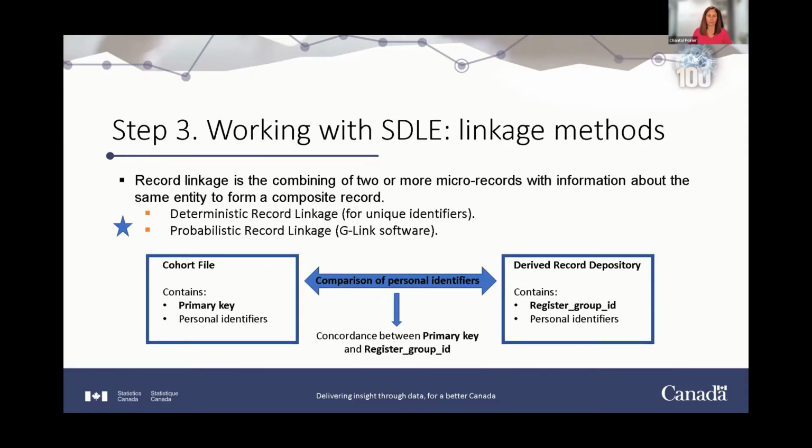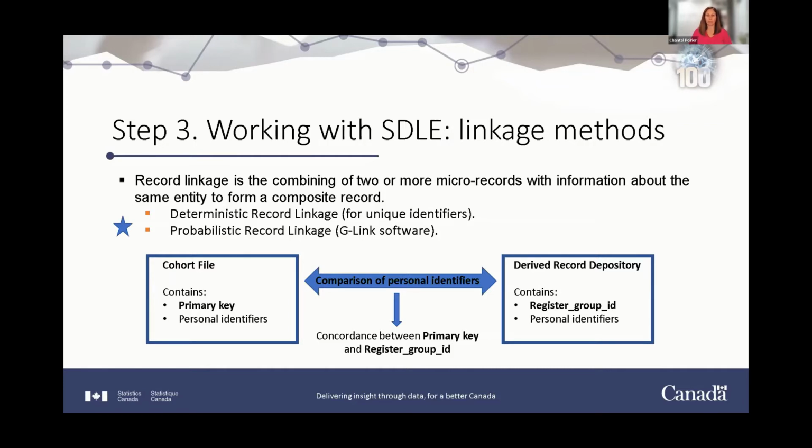Next slide, please. As explained by Mike earlier, there is a lot going on before the linkage happens. But once the linkage is approved and all data files are received at StatCan, SDLE can do its work. Two linkage methods are possible. The first one is the deterministic linkage, used when unique direct identifiers are available in the file.